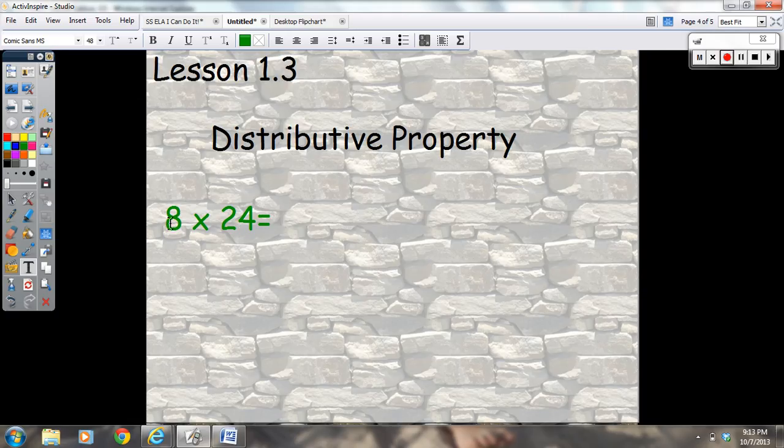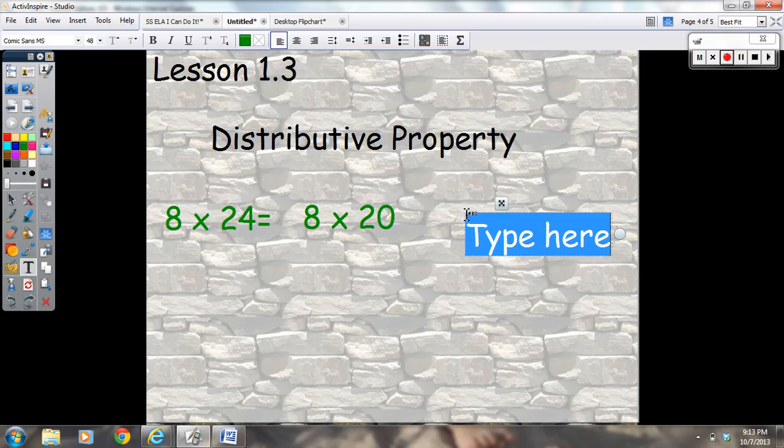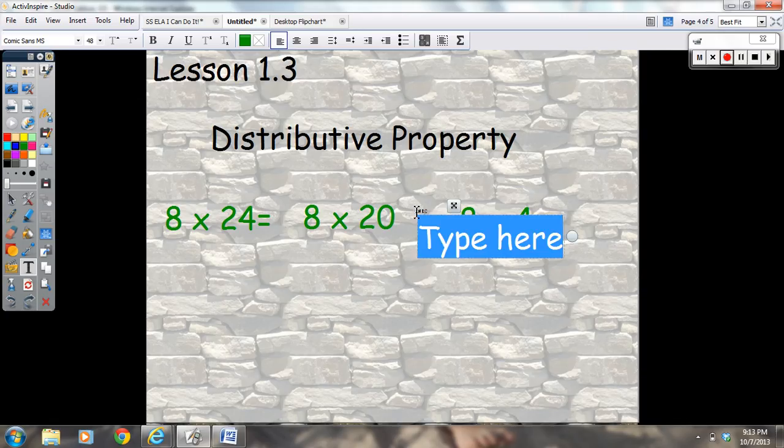So I would rewrite 8 times 24 as 8 times 20, because the value of the 2 in 24 is 20, and I would also multiply the 8 by the value of the other place, which is 4 ones, so the value is 4. Then you add the 8 times 20 and the 8 times 4 together.